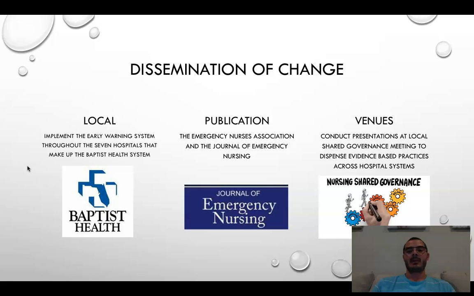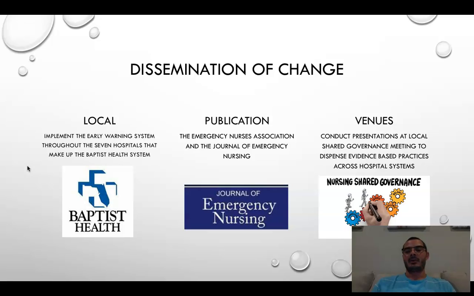Because everything that I'm doing pertains to the ED, the publication that I would be interested in getting my research and my Excel program published in is the Journal of Emergency Nursing, going through the Emergency Nurses Association.